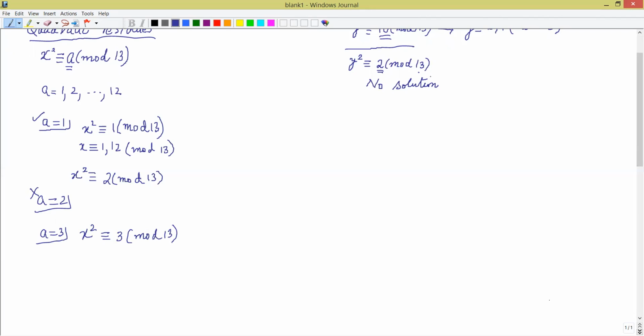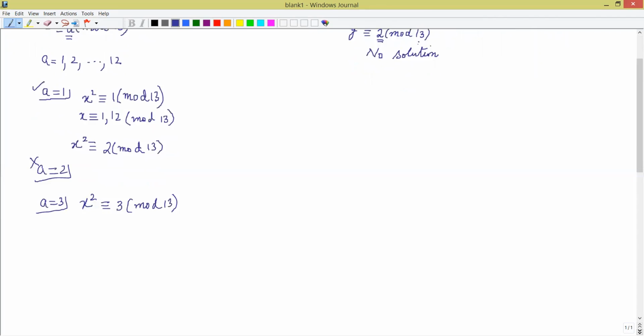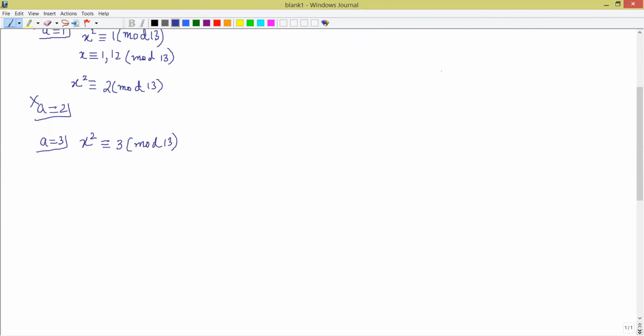If we look at the quadratic congruence and put x equals 4, 4 square is 16, which is 3 in modulo 13.